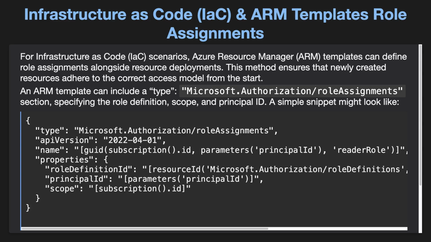A simple snippet might look like JSON: type Microsoft.Authorization/roleAssignments, apiVersion 2022-04-01, name GUID, subscription.id, parameters principalId, reader role, properties, roleDefinitionId, resourceId Microsoft.Authorization/roleDefinitions.